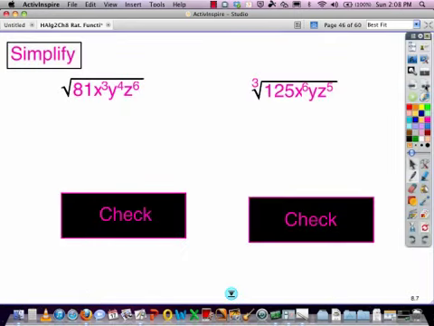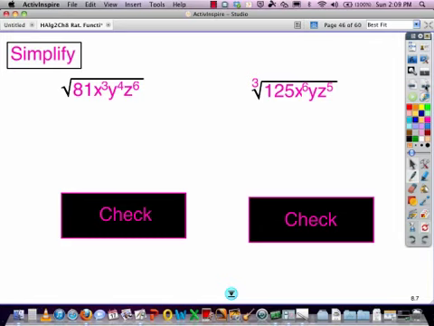So keeping those properties in mind, we want to start out simplifying. And this first one is a square root. So your brain has to be thinking groups of two. Anything that is a group of two, if I'm a variable, should come out. And the numbers are just like we've always done.